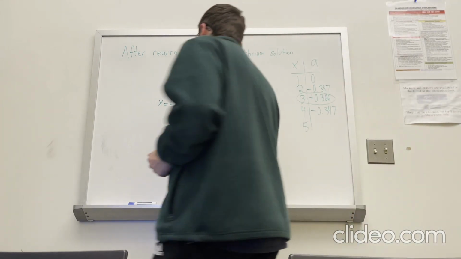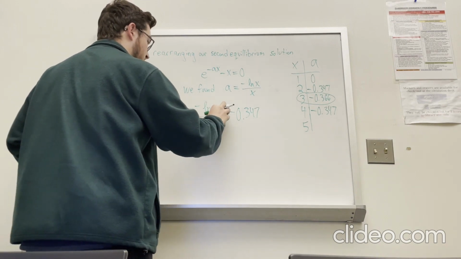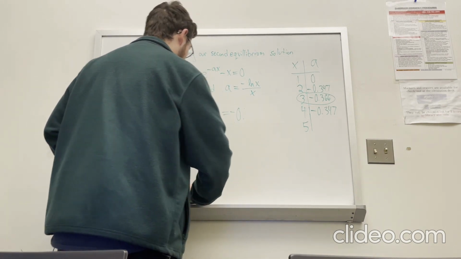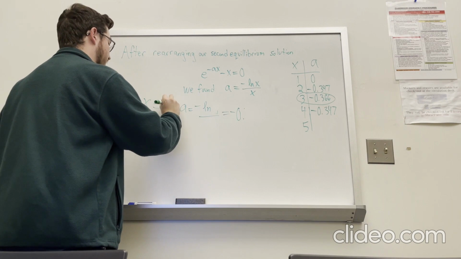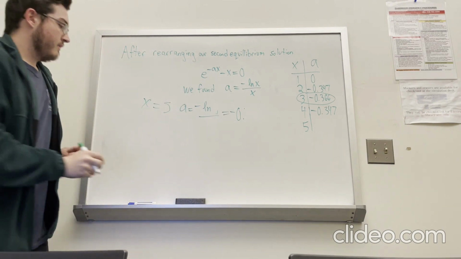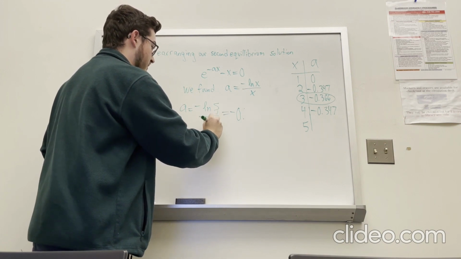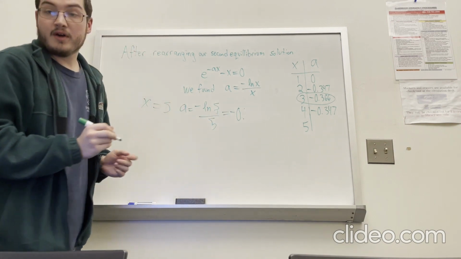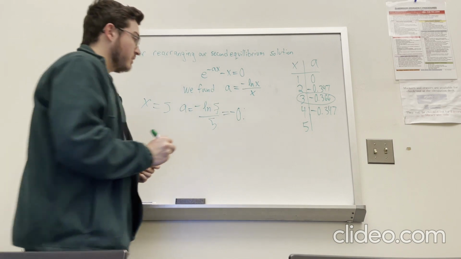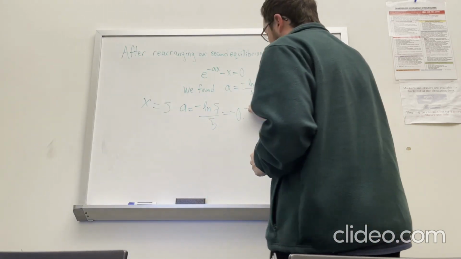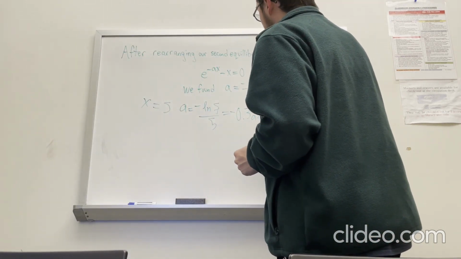For x equal to 5 now, we have the negative natural log of 5 over 5, and that is equal to negative 0.322.